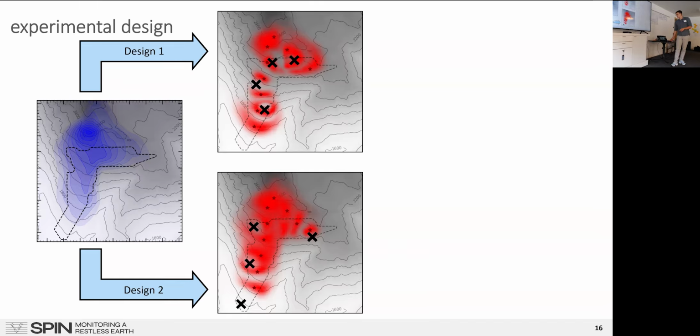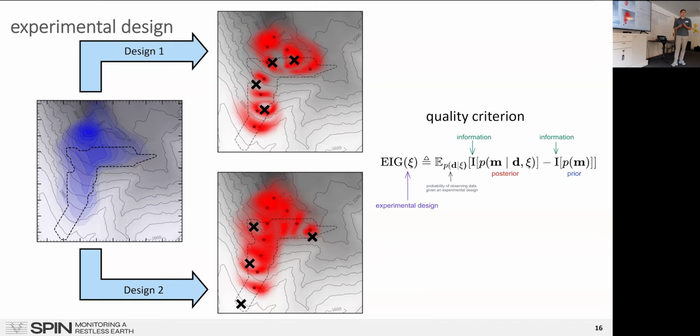For those familiar with Bayesian statistics and information theory, here is the quality criterion we used: the so-called expected information gain, where we average over all the data we could possibly observe according to the prior, and take the difference between the information in the posterior and the information in the prior. For those not so familiar with those concepts, we just want to maximize the difference between this big blob and those small red blobs. The smaller those red blobs are on average, the better our design is. This is the intuitive explanation of what we have here in a formula.